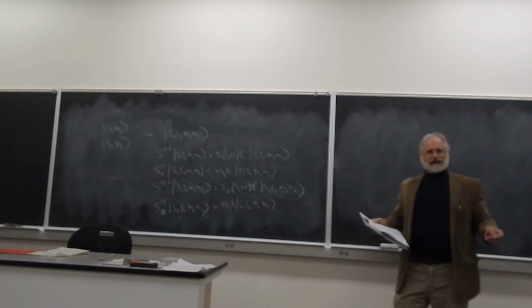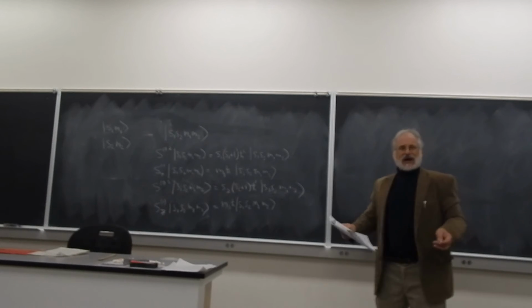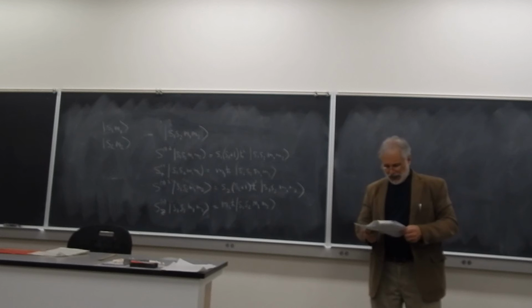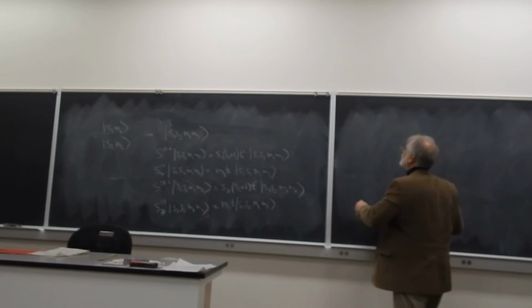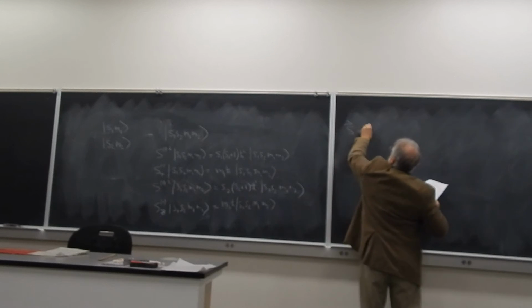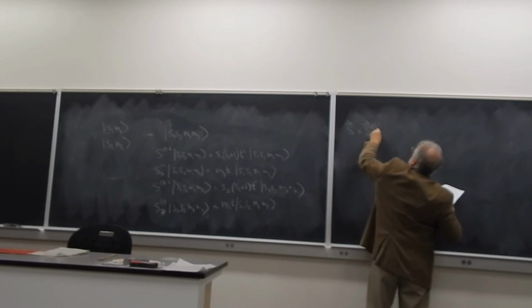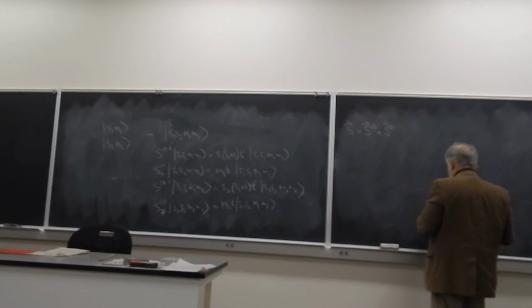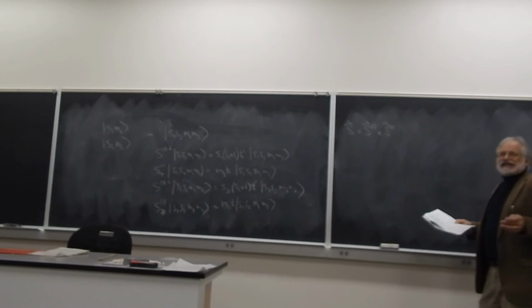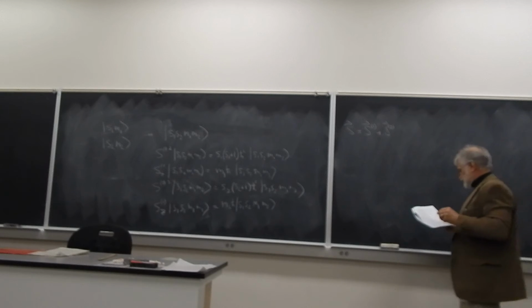But we might ask ourselves, so we combine these guys, what is the total angular momentum? In other words, what is the vector S, which we would say is equal to S1 plus S2? Well, let's start easier. Let's go with the z component first.